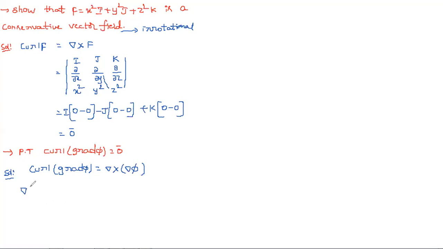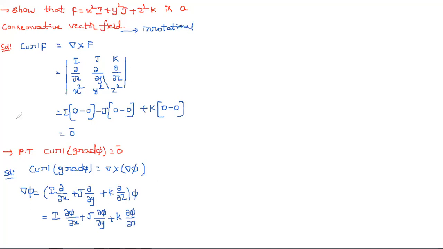Del phi is nothing but, already we know that, i dou by dou x plus j dou by dou y plus k dou by dou z into phi. Phi is a scalar and you can multiply it inside. So this is i dou phi by dou x plus j dou phi by dou y plus k dou phi by dou z.